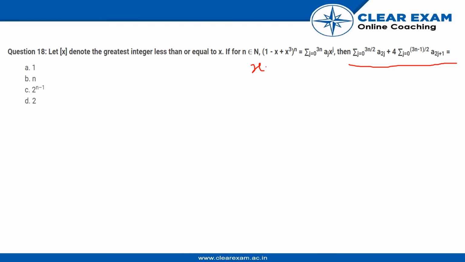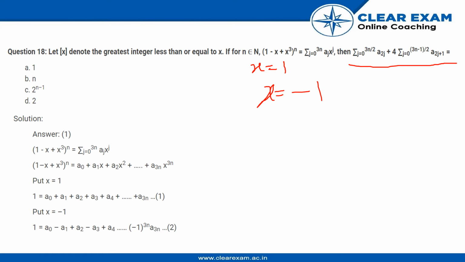What we will do is put x equal to 1 to get all the values positive, because if x is equal to 1, 1 raised to anything will become 1 no matter what. But if we take x equal to minus 1, we will get some terms with a negative sign and some terms with a positive sign.